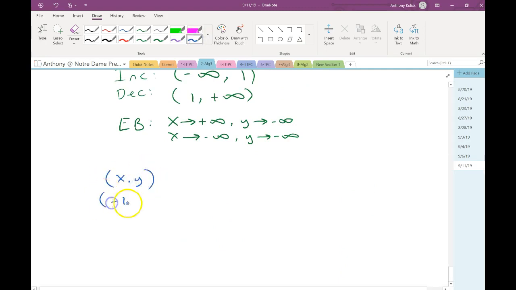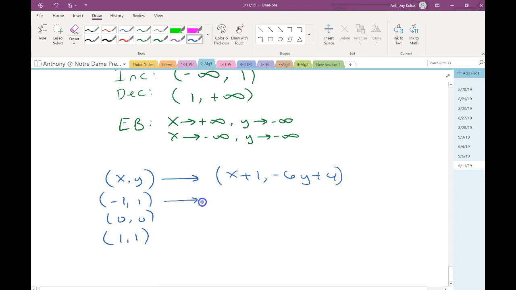And to graph this, we're always going to do it the same way. We start with our 3 key points, and then we write our transformation math. So this is (x plus h, a times y plus k), and then we just perform these operations.